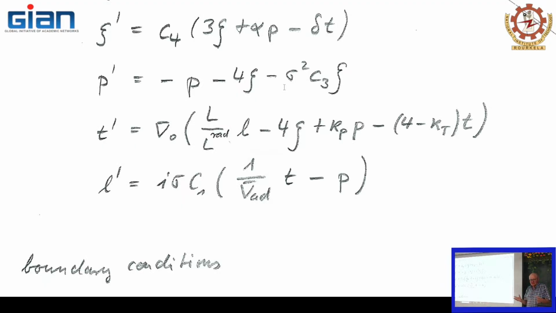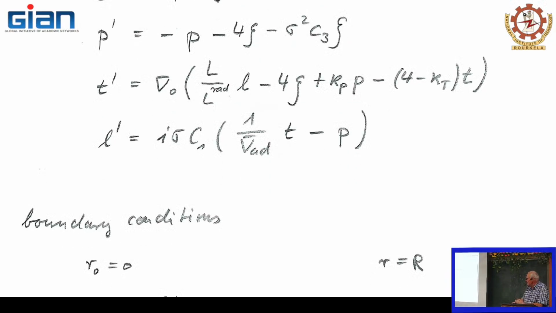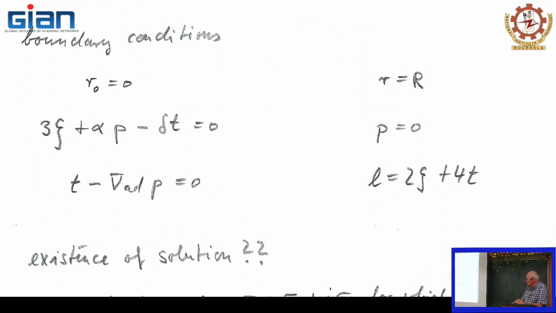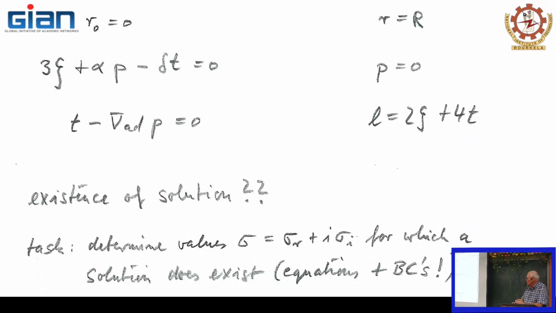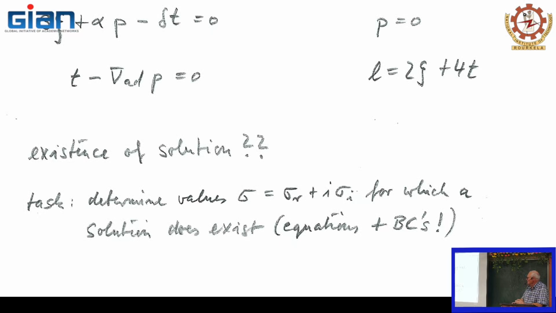Well, to illustrate this rather counterintuitive argument, I would like to show a similar system which is in some sense related also to our stability problem or our pulsation problems.